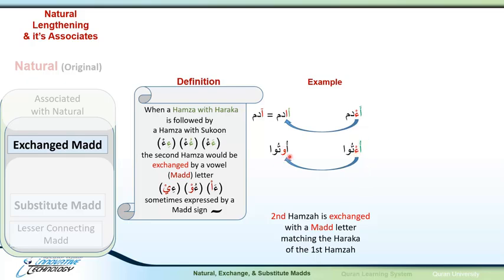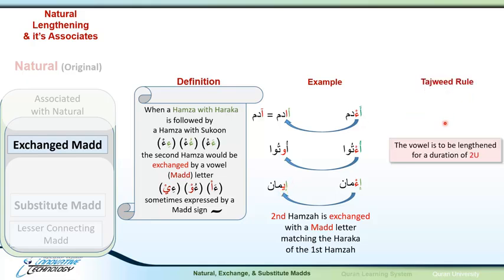Third example is i'man becomes iman. The ya replaces the second hamza, matching the kasra of the first hamza. So Adam becomes Adam with a madda sign. U'tu becomes Utu with a waw. And Iman becomes Iman with a ya.